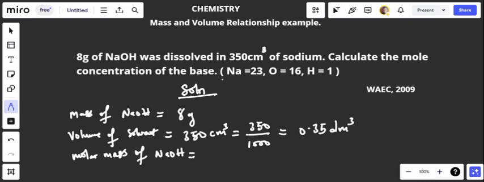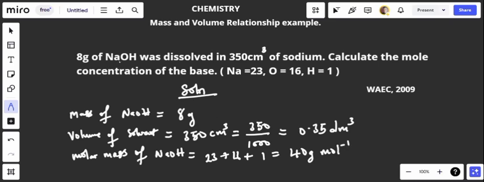And molar mass, we have been given the individual atomic mass of the elements that make up sodium hydroxide. So to calculate the molar mass, each of these comes in once. So this will be 23 plus 16 plus 1, which will give us what? 40 grams per mole.